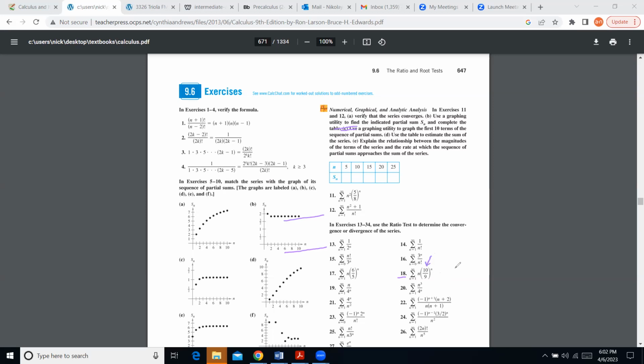For example, here we have a geometric-like series. If the ratio was 10/9, which is greater than 1, then it's a divergent series without n.